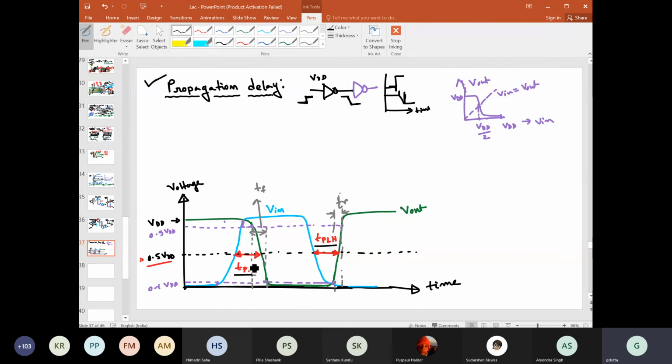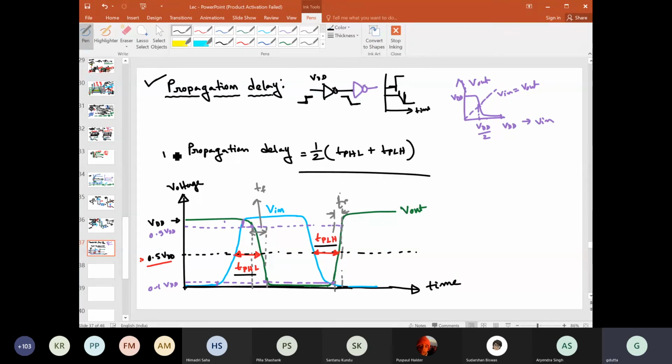In that case, we define one more term, the propagation delay for this particular gate, which is defined as an average of these two. So propagation delay is defined as half of TPHL plus TPLH.